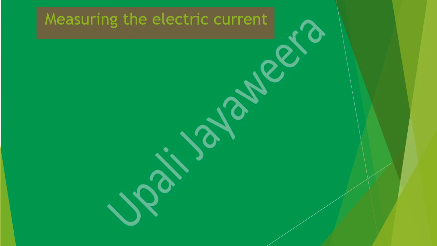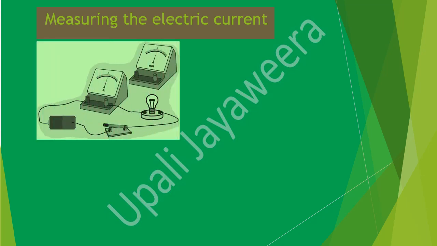Now we are going to find out how to use the milliammeter and ammeter to measure the electric current. Now refer to this circuit. A switch, dry cell, ammeter and bulb are connected. Now we can turn on the switch and observe the ammeter reading.